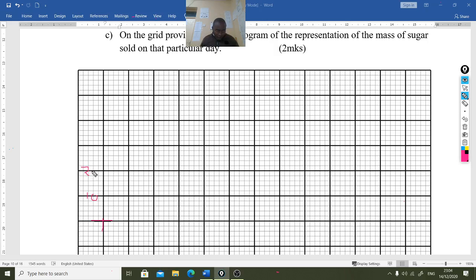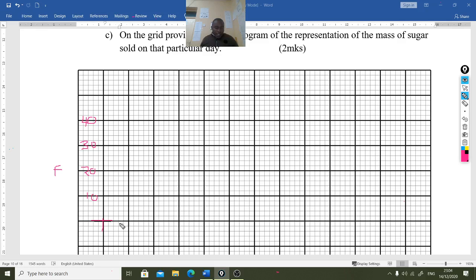Remember, this is the frequency, the number; you can call it frequency or number of people. 10, 20, 30, and this is my 40 on the y-axis.